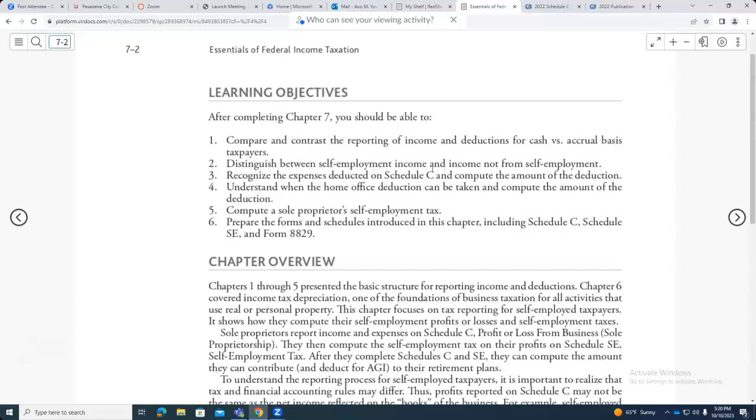Distinguish between self-employment income and income not from self-employment, recognize the expenses deducted on Schedule C, understand the home office deduction that can be taken, and compute the sole proprietorship self-employment tax. Self-employment tax is about FICA taxes, Medicare and Social Security taxes. Okay, so let's see one by one.